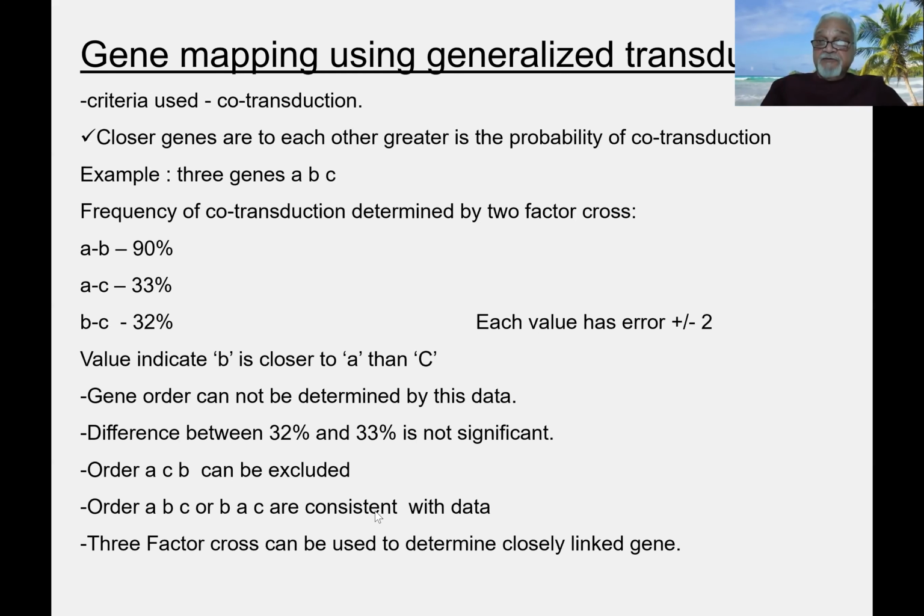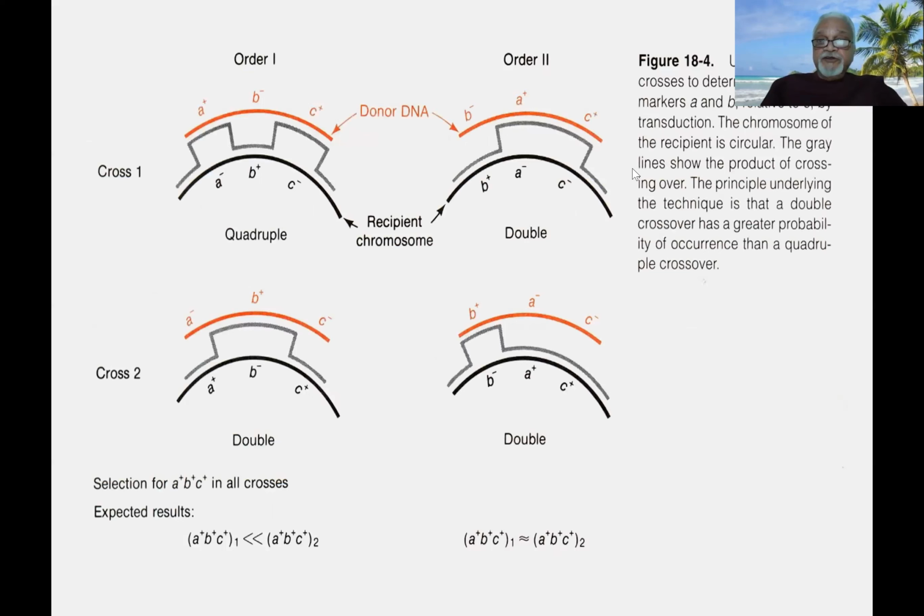So to decide which order is correct, we go for a three-factor cross between the donor and the recipient cell. So follow this experiment very carefully. In these kinds of experiments, we put forth a hypothesis and expectations, and then we perform an experiment and we look at the data to see which hypothesis is confirmed by the experimental data.